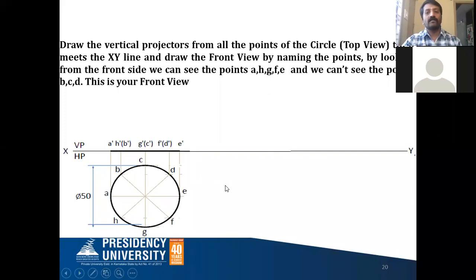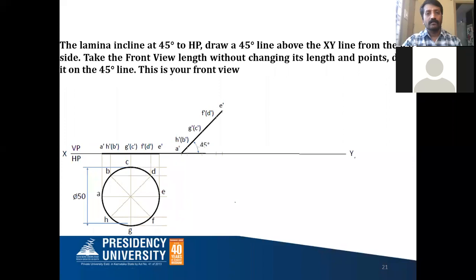Now, he has given the next information, the lamina inclined at 45 degrees to HP. On the right side of the XY line, you take any one point, call that as the A dash point. It is resting on that rim on any one of the points there. Draw a 45-degree line to some length.